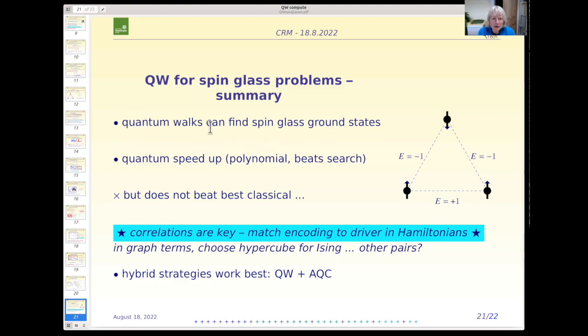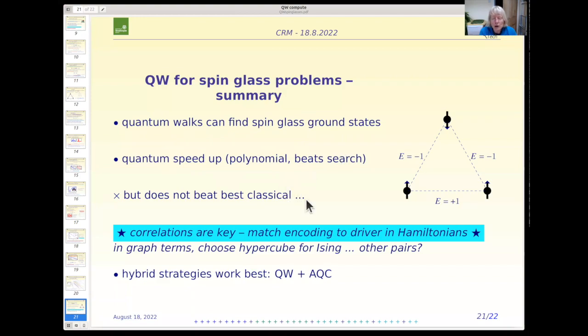And I hope I've shown you that quantum walks can work on a whole class of problems that people had not tried to apply them to before in the optimization setting. We've got a quantum speed up that beats search, but it doesn't beat the best classical yet.